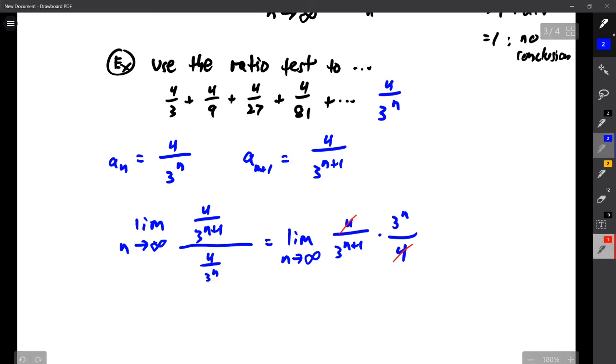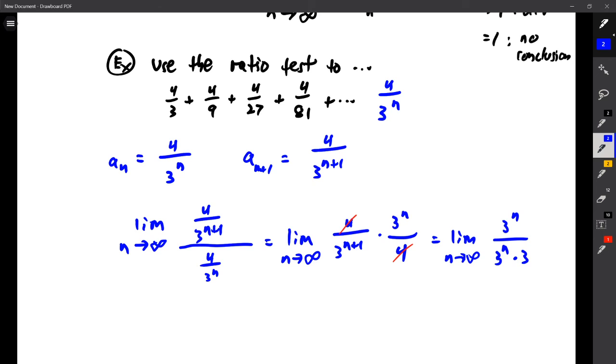And so I could rewrite this as the limit as n approaches infinity of 3 to the nth over, now what did we just identify? That 3 to the n plus 1 is the same thing as 3 to the nth times 3, right? Because if you did 3 to the nth times 3, you raise the exponent by 1, and so that gives us 3 to the n plus 1.